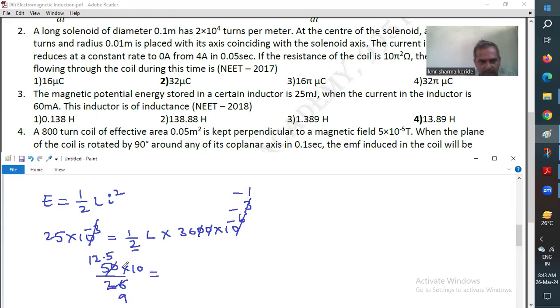Then again, this is 125 by 9. So this is going to be 9 ones, 3 left, 9 3s are 27, 8 left. Almost 9 nines. So therefore 13.9 roughly. 13.9 Henry. Unit of inductance is Henry. So the last option is correct.